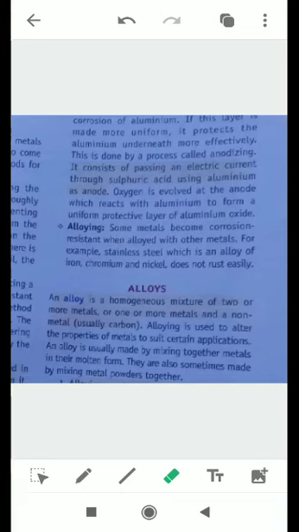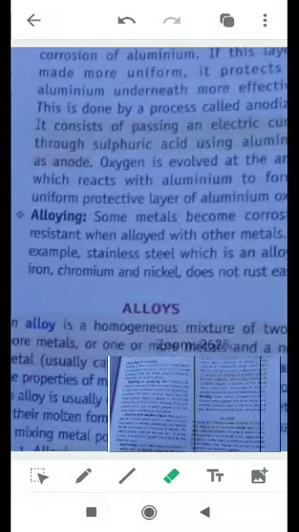Like you can see stainless steel in the market, and bronze and brass, these all are alloys of one metal or another. Alloys make metals more resistant to attack by chemicals and protect against atmospheric corrosion. It is also used to change the properties of metals in other ways.